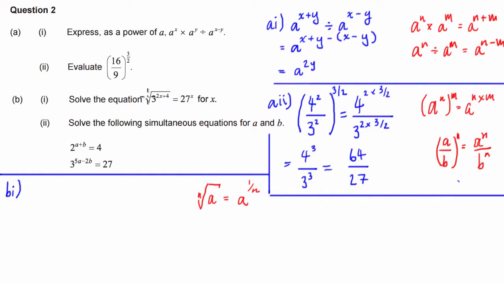So in this case, I'm going to have, in a bracket, 3 to the power of 2x plus 4, to the power of 1 over 2. So that's the square root rewritten as an index, is equal to. Now I'm going to express 27 as 3 to the power of 3. I'm also going to put that in a bracket.